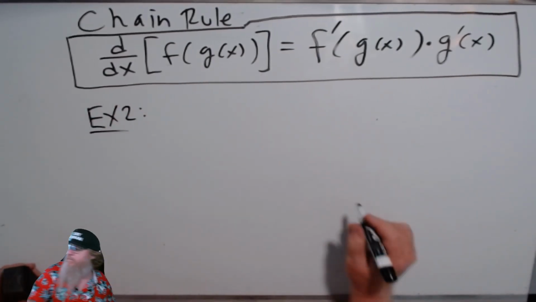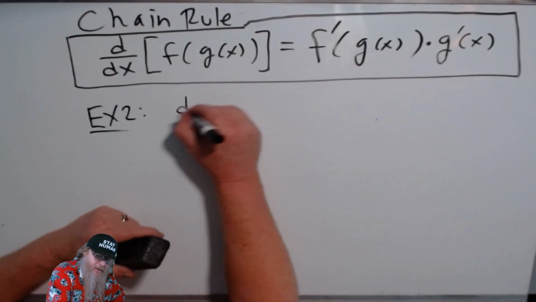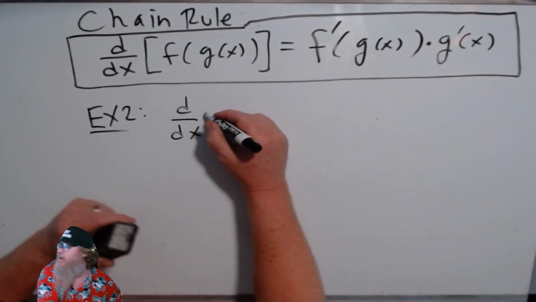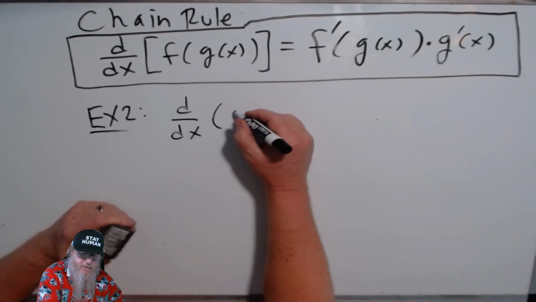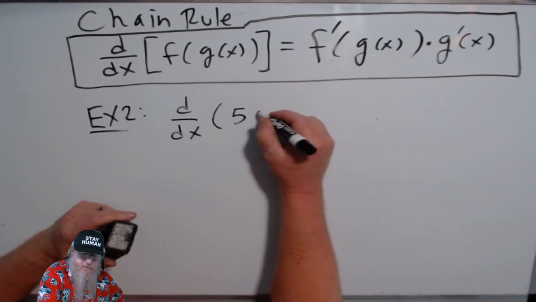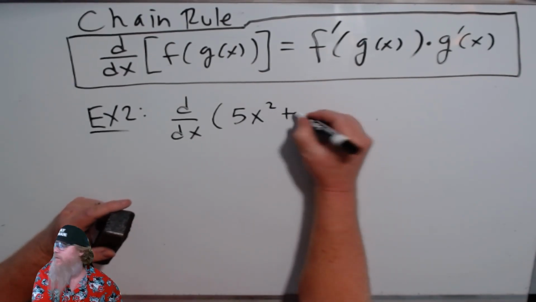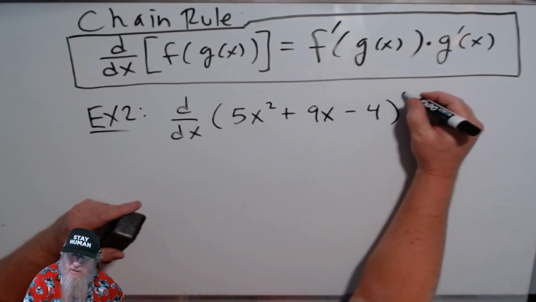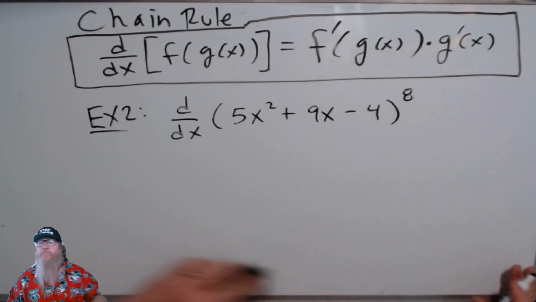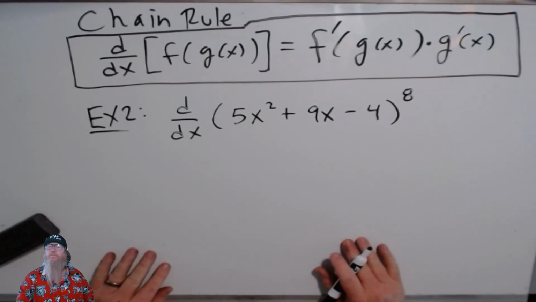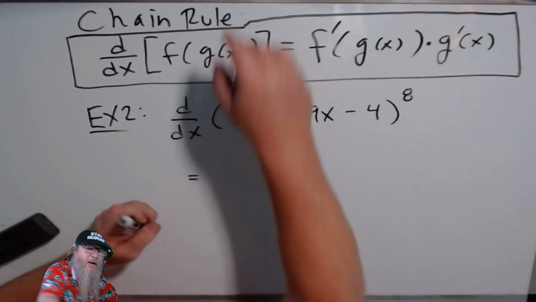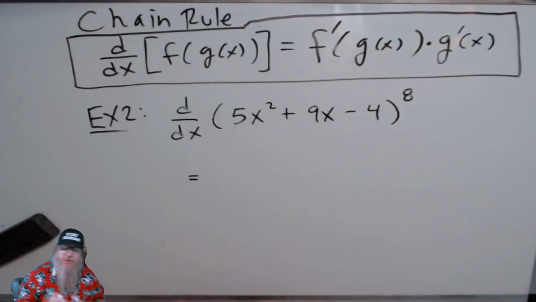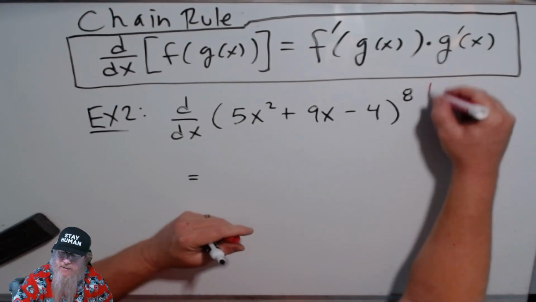So let's try another one. Let's find the derivative of 5x squared plus 9x minus 4, to the 8th power. Now, it's still kind of early in the lecture, so I'm going to do a little sidebar here.